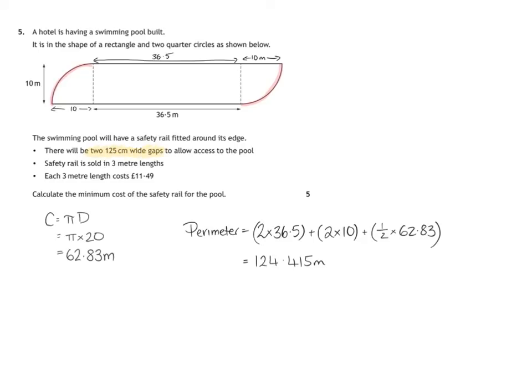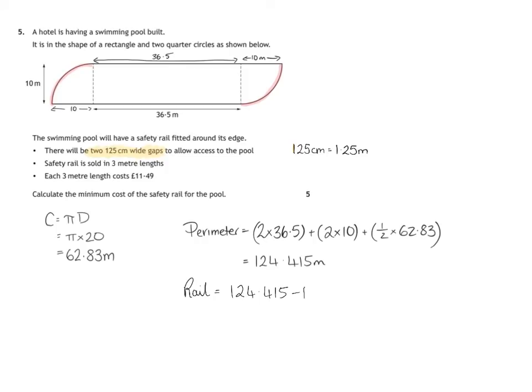We have one issue with that though, which is this bit here, which are 2 125 centimeter wide gaps. So with those gaps, we need to take them away. We need to know that 125 centimeters is equal to 1.25 meters. So with that, our rail is going to have to be equal to our 124.415.